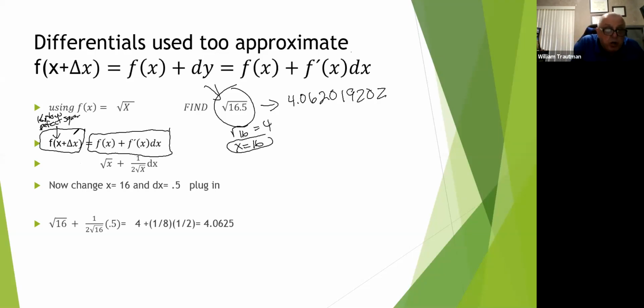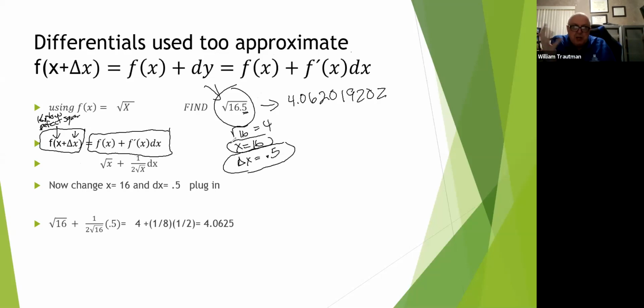The extra part is the change from 16. Since we're going to do 16.5, the extra part is the 0.5. The change is the 0.5. So it's really important you understand x is always going to be a perfect square. Always going to be a perfect square.